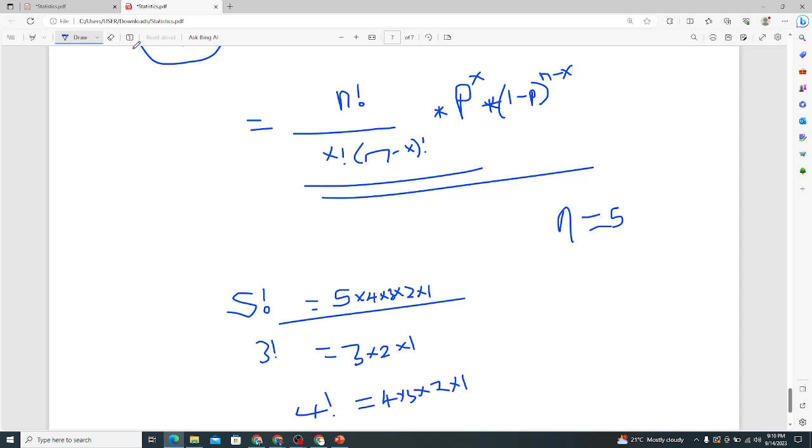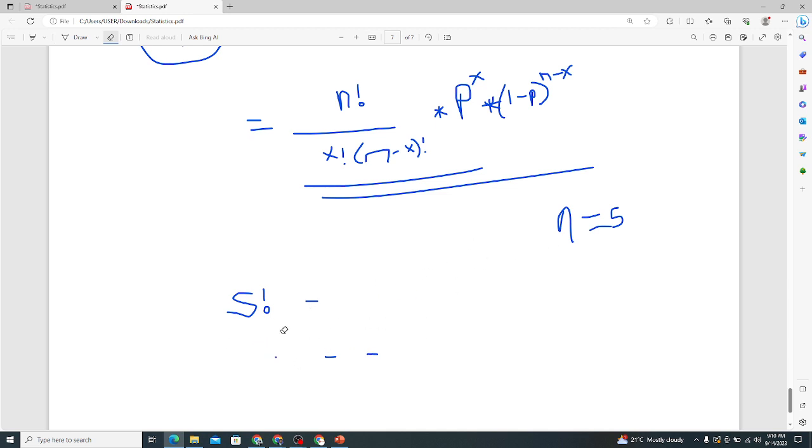So if we are given the value of n, that is the number of trials, and the number of successful trials, and the probability, then it will be easy for us to calculate this. Why? Let's assume n is 5 trials, and out of the 5 trials, 3 trials were successful.